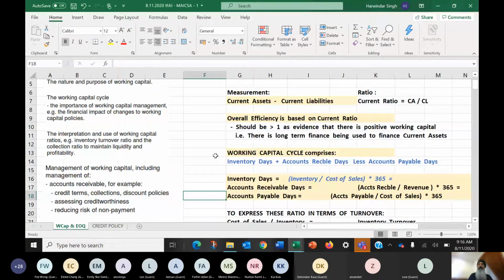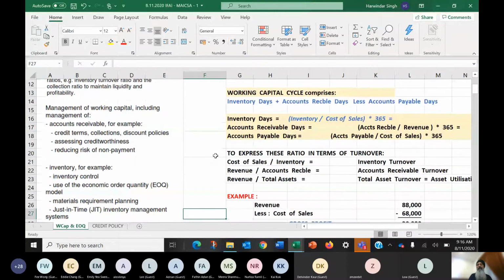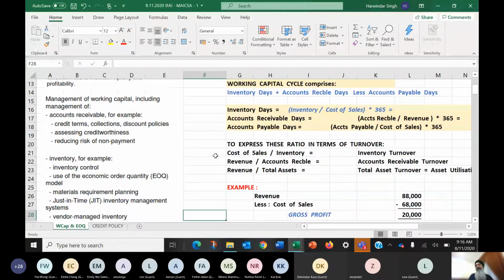Now, examiners sometimes like to ask you the same information but expressed in terms of turnover. Again, for turnover, there are two versions. The basic version that I've already written down here for you. Turnover simply means sales or cost of sales divided by an asset. Then you call it turnover.